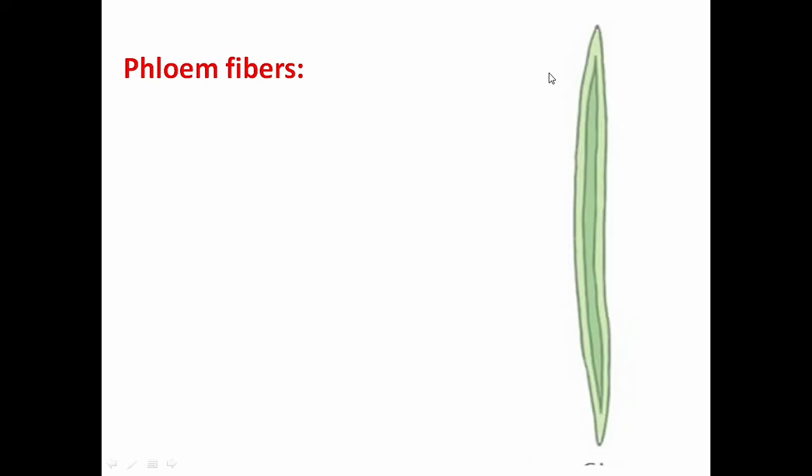Phloem fibers are dead cells. They are the sclerenchyma fibers associated with other phloem elements. We have already learned about sclerenchyma fibers in simple tissues. They are long cells with thick primary and secondary walls. The secondary wall is very thick and made up of lignin.